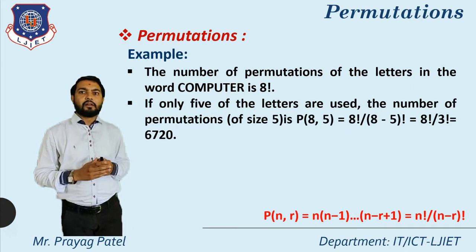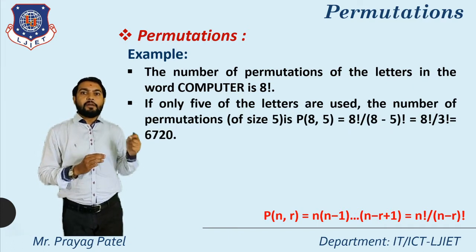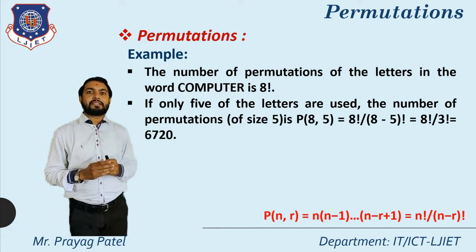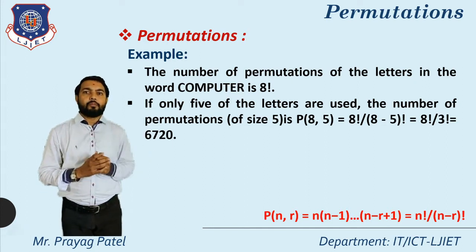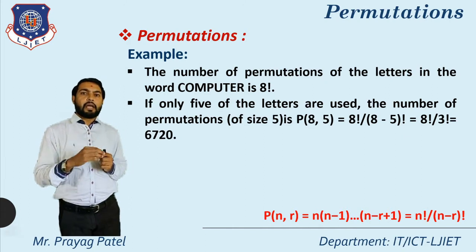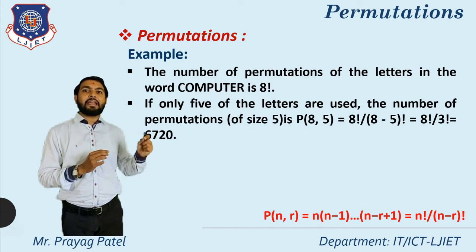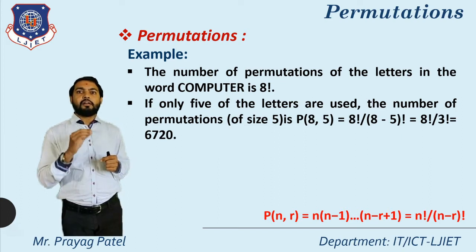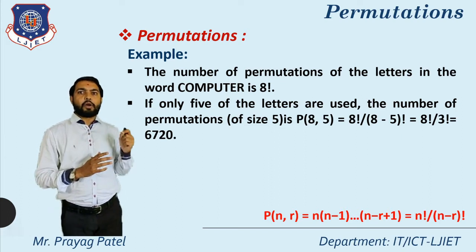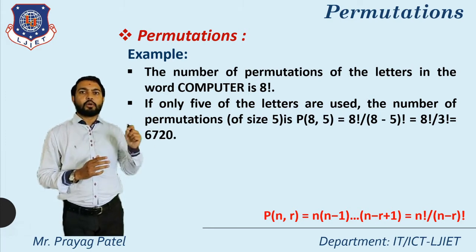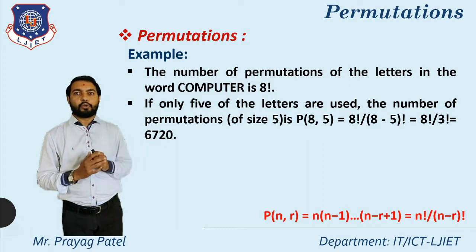For example, if only 5 of the letters are used, then the number of permutations is P(8, 5). If we use all the elements, then 8 factorial, because according to our formula, P(n, n) equal to n factorial. So if you want to use all 8 different characters of COMPUTER, then the possibility is equal to n factorial, that means 8 factorial.